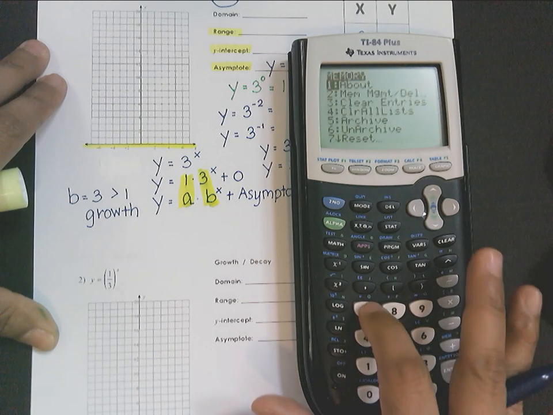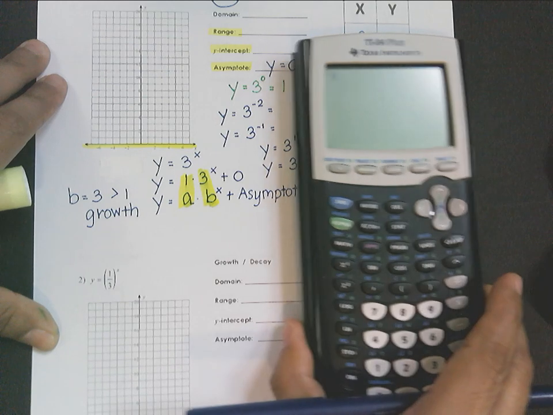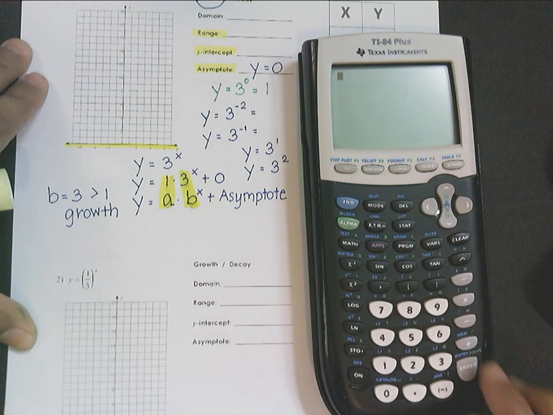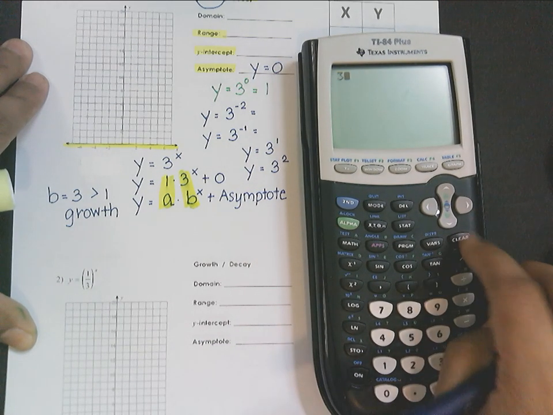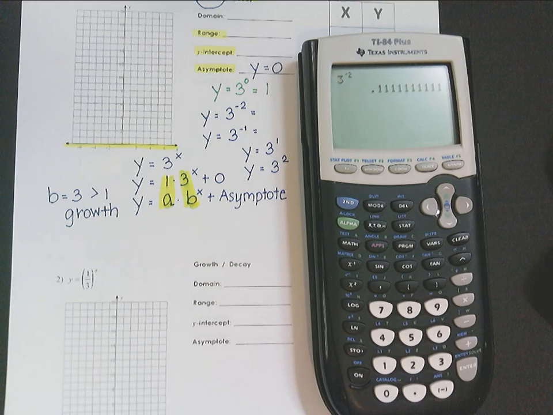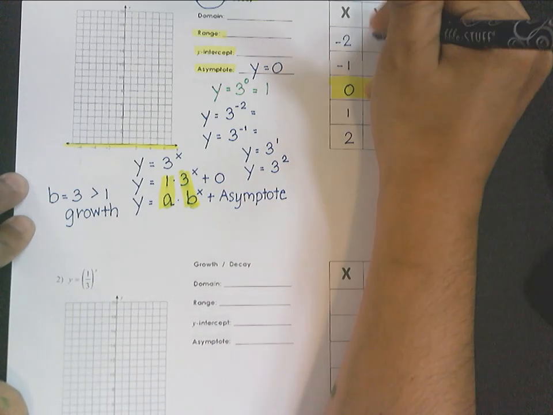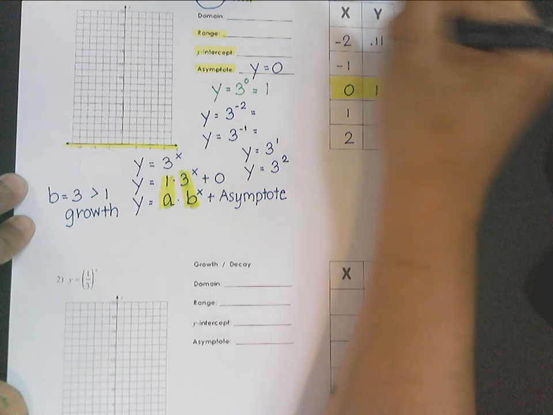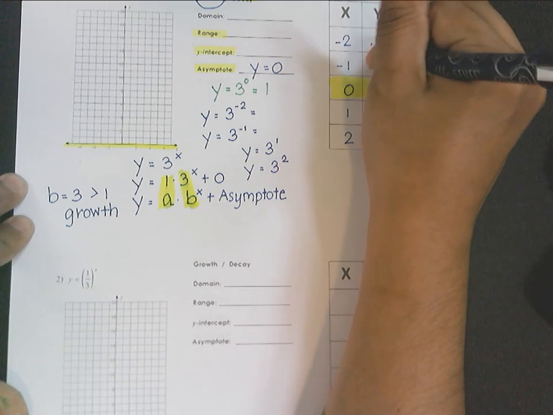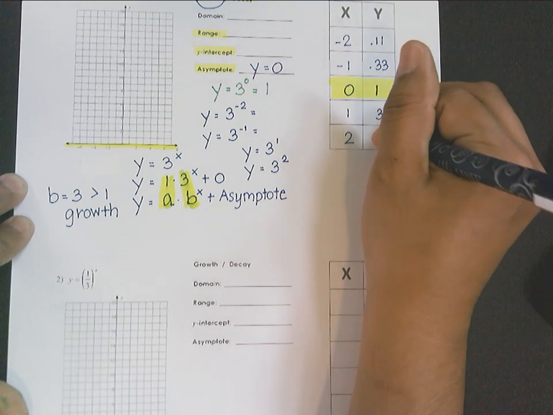Second plus 7, 1, 2, just so it can be nice and clear. And I'm going to do the very first one, and it's going to be 3 to the power of -2. Enter, and there's my value, and I'm going to round to the 100th place. So 1/9 or 0.11. And as you keep working it, the next one's going to be 0.33, 1, 3, and 9.